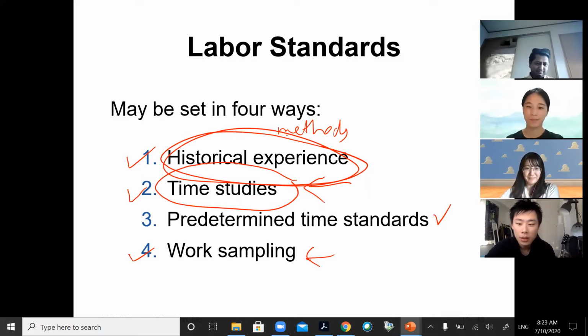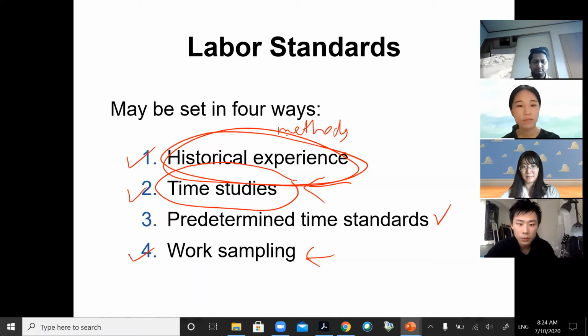Right. So that is historical experience, right? But when you go to a real job, for example, prepare a report for your manager, or prepare for this class, set up Zoom.